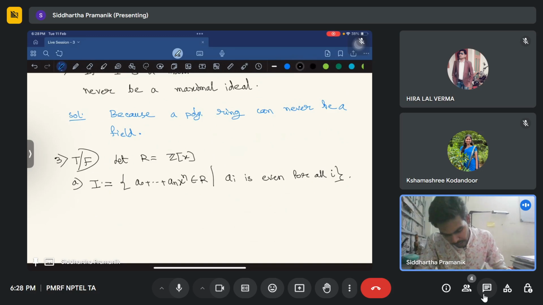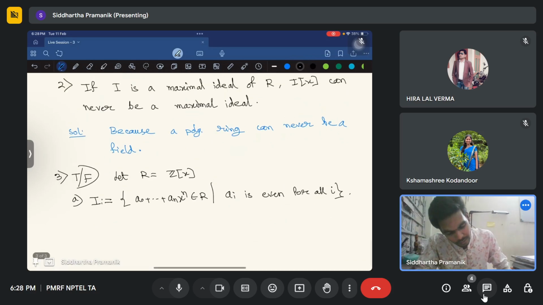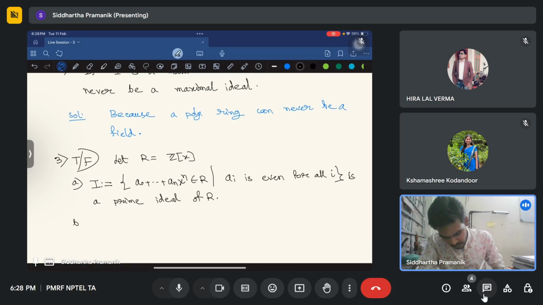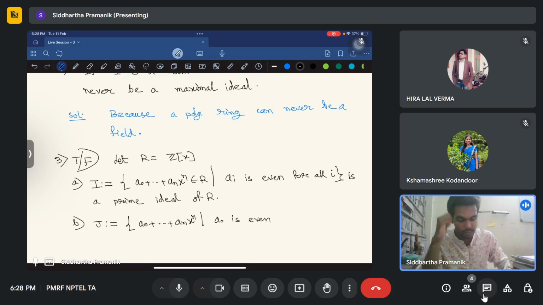I have defined an ideal I. So the first statement is, I is a prime ideal of R. And the second statement is, if we define the ideal J by the set of all integer polynomials such that the constant term is even, meaning a0 is even, then this ideal is not a prime ideal.